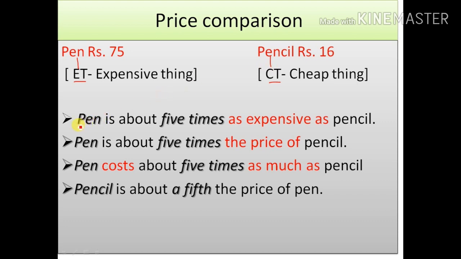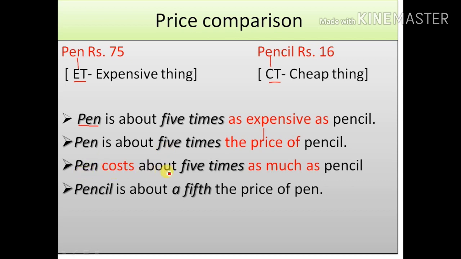Here pen is expensive thing, and if we begin with expensive thing we have to use times. So pen is singular, therefore pen is about 5 times as expensive as pencil, or pen is about 5 times the price of pencil. Instead of expensive as, we can use the price of, following the same structure.